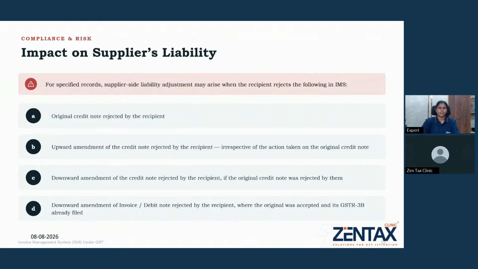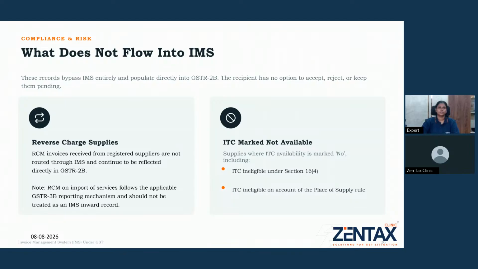And the next is a downward amendment of an invoice or debit note rejected by the recipient where the original was accepted and the GSTR 3B has already been filed. In these four scenarios, the rejection by the recipient will impact the supplier and result in increased liability for the supplier.